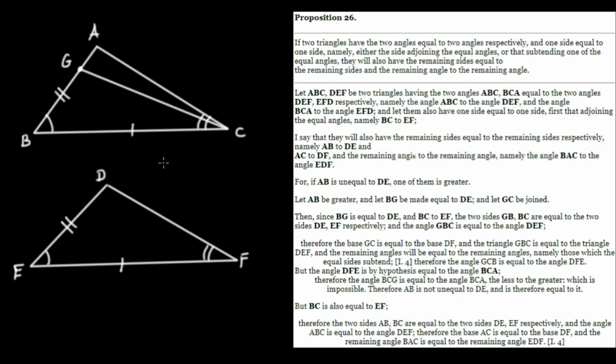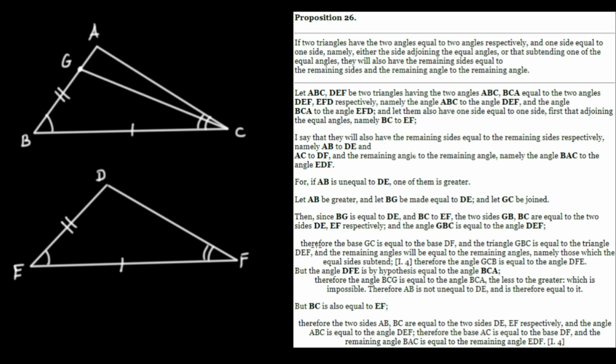What follows from this? Notice we have these two triangles GBC and DEF, and they have side angle side, side angle side. They have that relationship, and therefore it follows from proposition 4 that these two triangles would be equal.